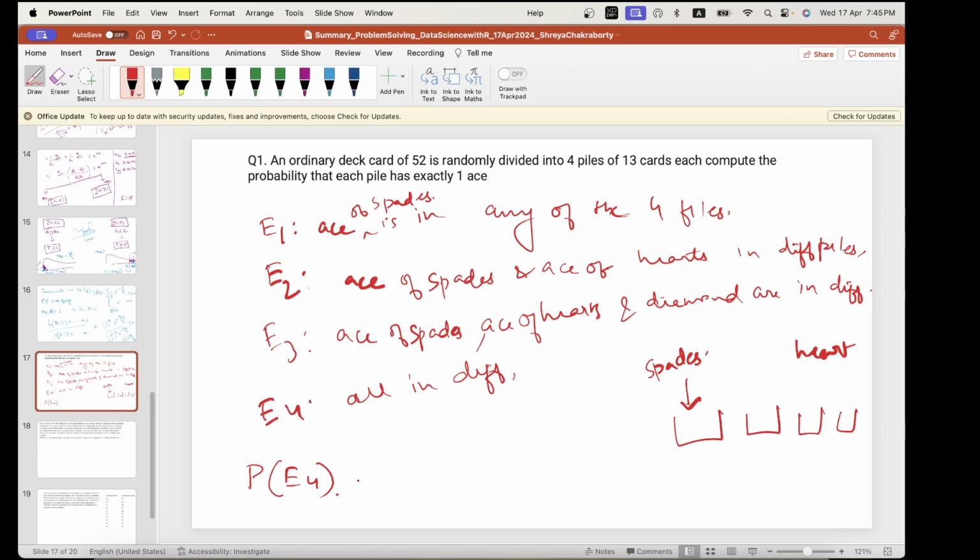The probability of E4 is what we need. Okay, so this is going to happen if E1 occurs and E2 occurs and E3 occurs and E4 occurs, right? Do you agree?